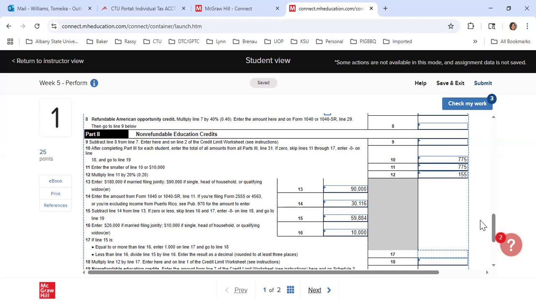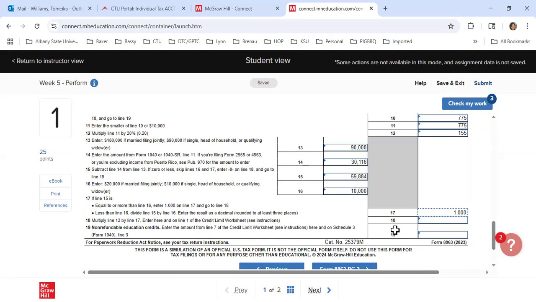And so line 15 is more than line 16. So we're going to enter 1 decimal 3 zeros. That's very important. 1 decimal 3 zeros. That's what you need to enter on line 17.